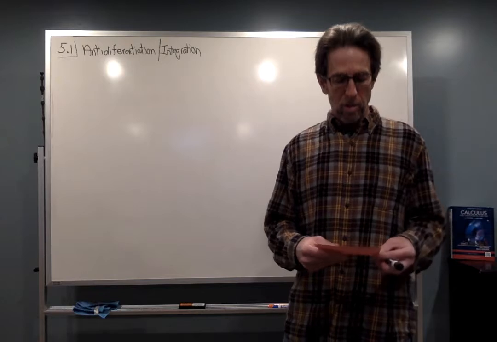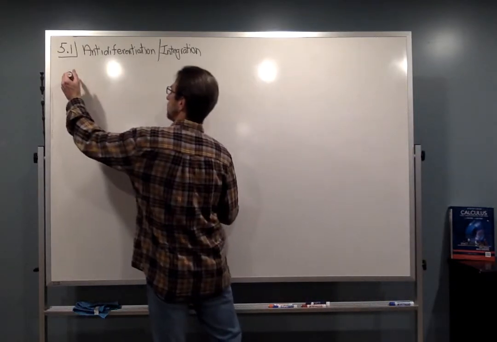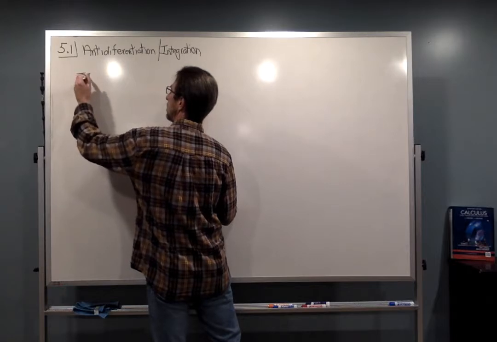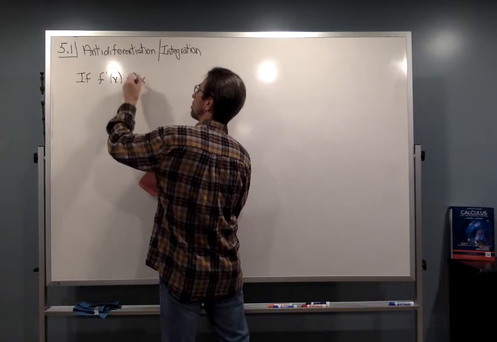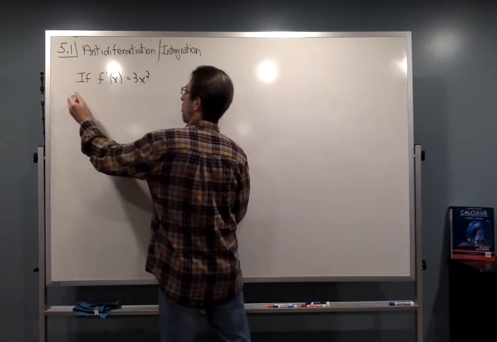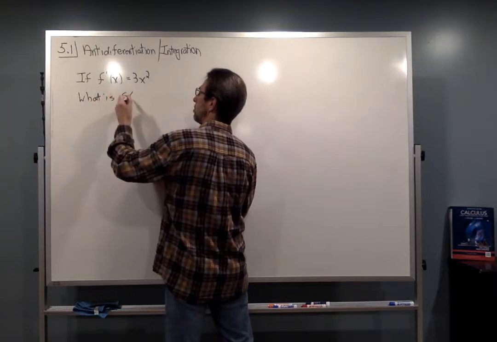So, for example, if I just put this on the board and I ask the question, if the derivative of some function is 3x squared, what is the original function?